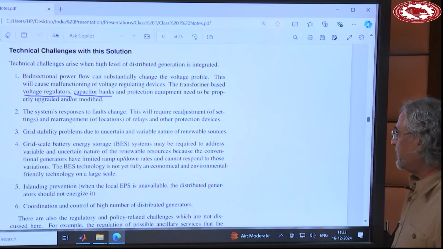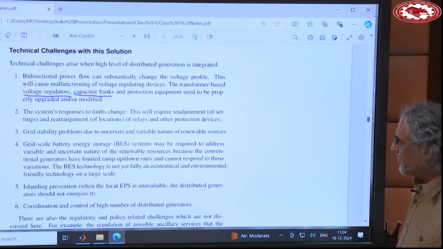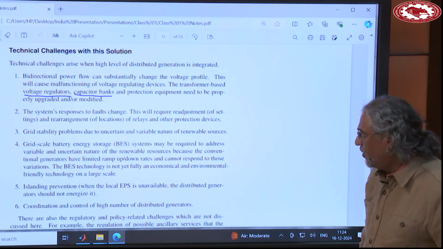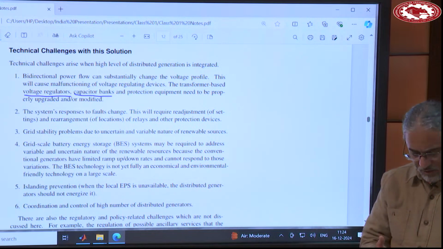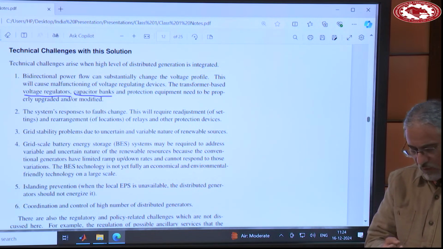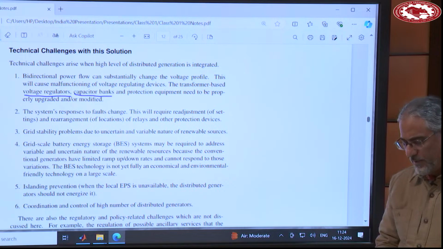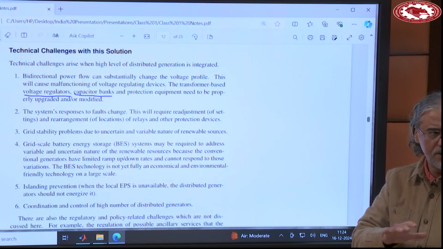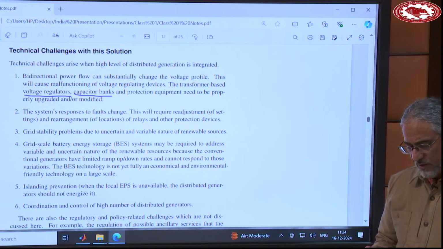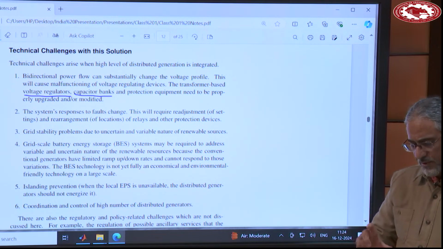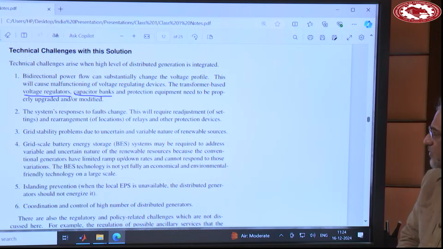The second item is regarding the protection, so the system's response to faults. When faults happen in the system, these protection devices mostly are based on detection of an overcurrent. Normally, a fault is a short circuit fault, so one line of the system connects to the ground, or two lines connect together.